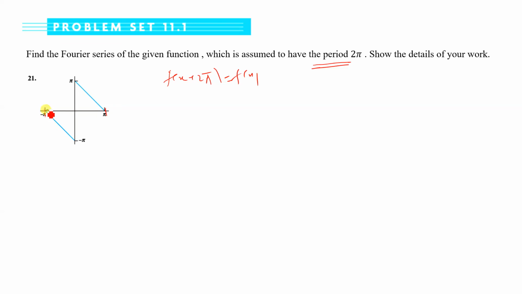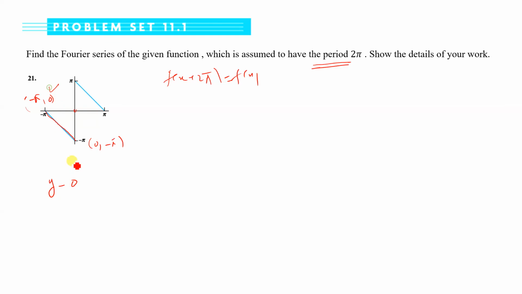So in the interval minus pi to 0, this is represented by this line, and from 0 to pi, this is represented by this line. So we have to find the equations of these two lines. If we consider this line, there are 2 points given on the line. This point is minus pi, 0, and this point is 0, minus pi, right? So we can use the 2 point formula in order to find the equation of the line, that is y minus 0.